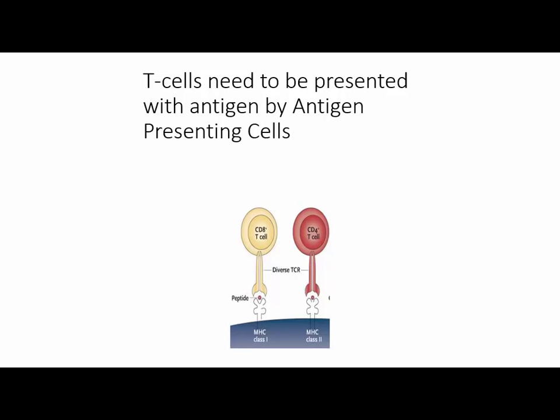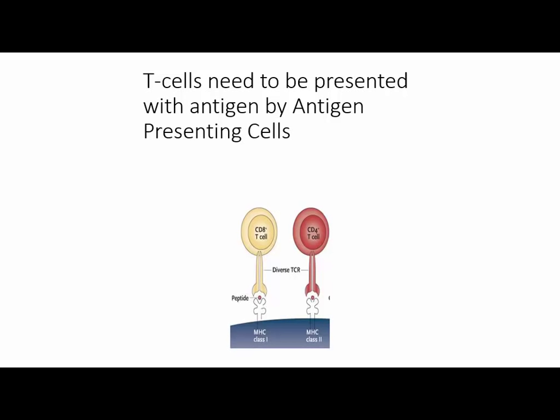T cells recognize antigen when it's broken up and presented to them. Okay? Now, this is generally, and this is a generalization. It will change, and we'll explain how it changes as we go on. But if it's antigen that's present in the cell, such as a virus, so an intracellular virus, the antigen will be broken up and presented on MHC1 to CD8 cells.